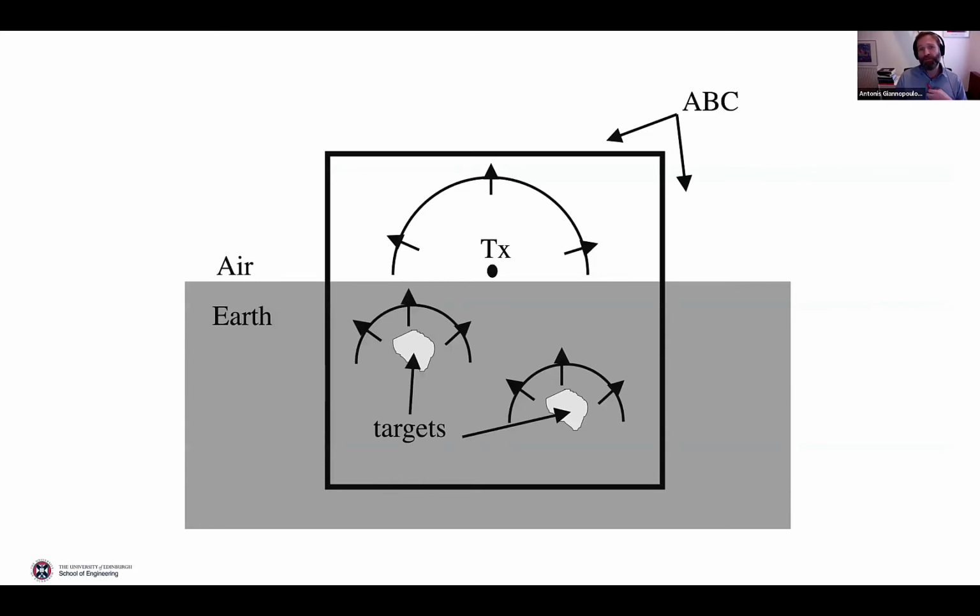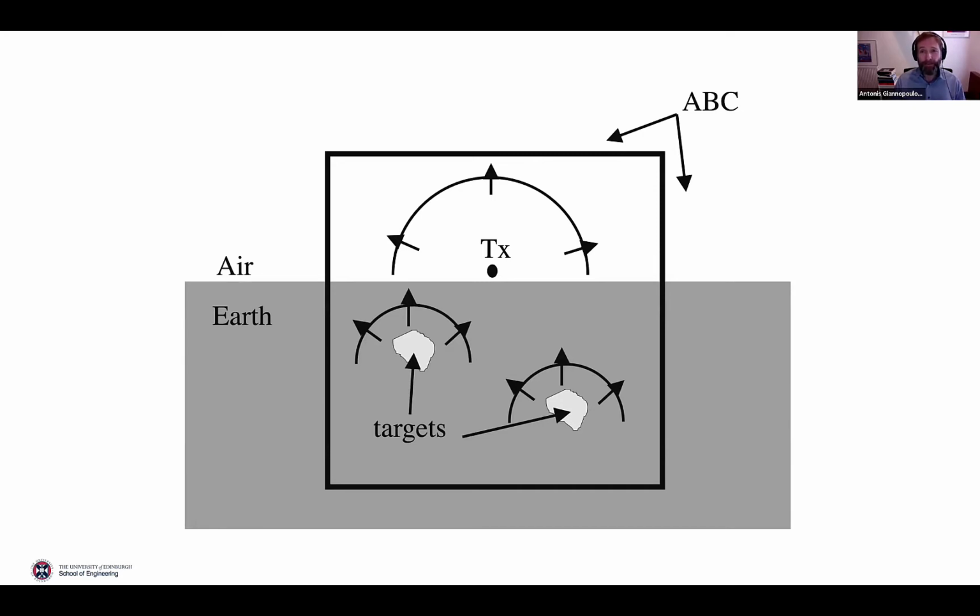So the reason for requiring PMLs, or what you call ABC, absorptive boundary conditions, is because obviously our problem, theoretically, is what you call an open boundary problem. That means that the boundary condition for that is the radiation condition, which states that the fields decay to zero at infinity. Now, the problem is not that the fields decay to zero, the problem is that we cannot reach infinity in a computer, because obviously we don't have infinite resources, and therefore we have to at some point stop and truncate our model.